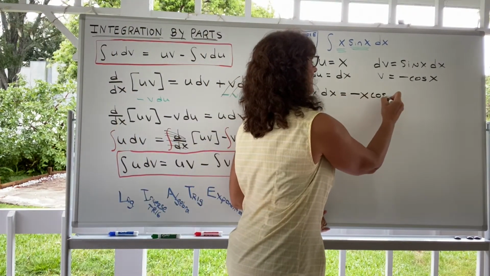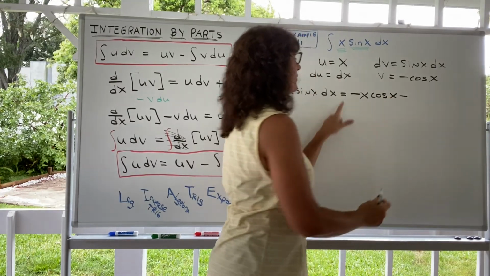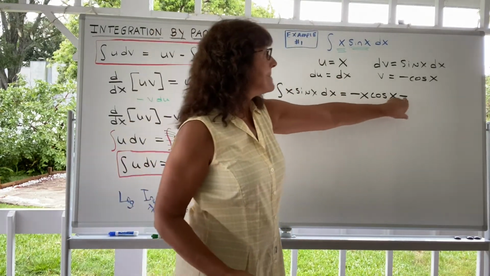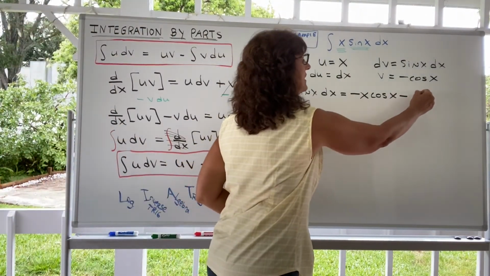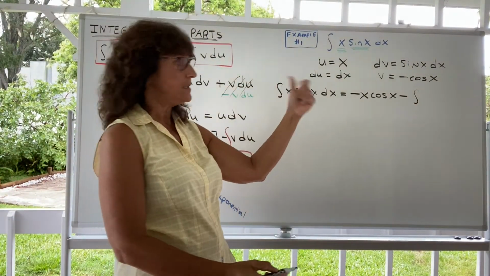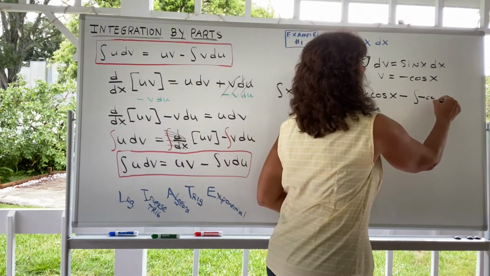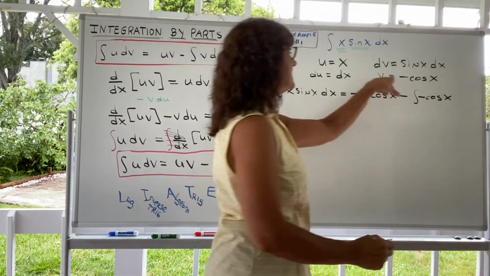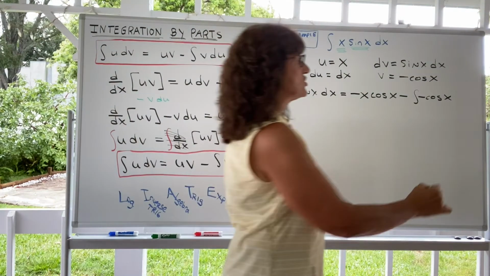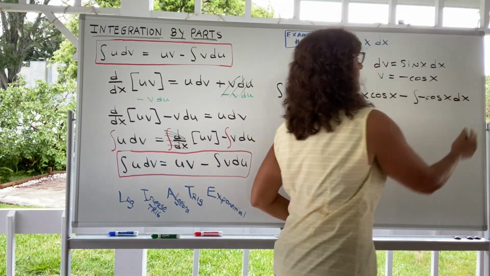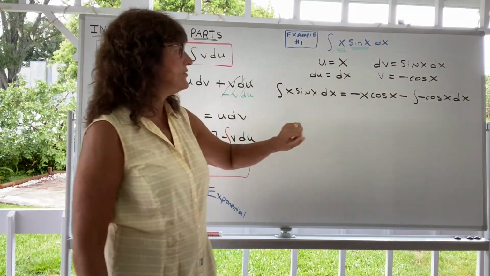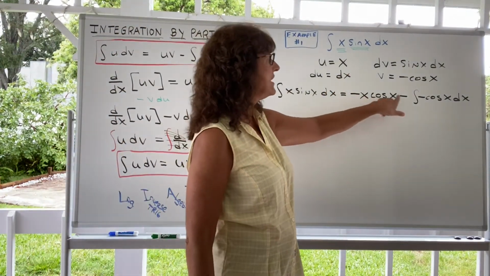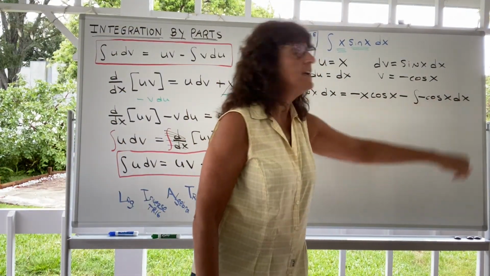So we have u times v minus the integral of v, which is our negative cosine x again, and then du, which is just the differential dx. So we integrate x sine x dx: it's u times v minus the integral of v du.